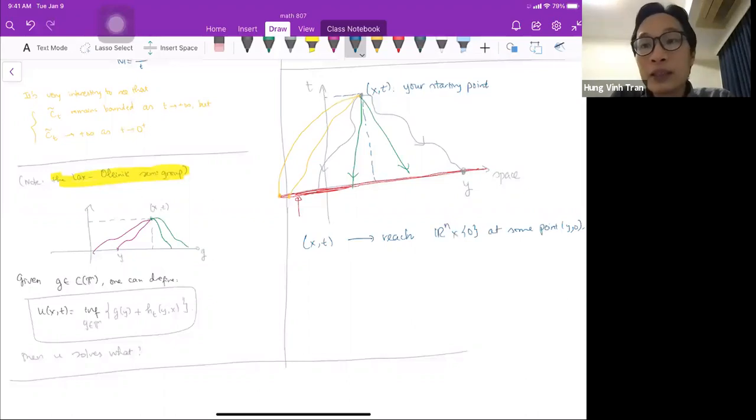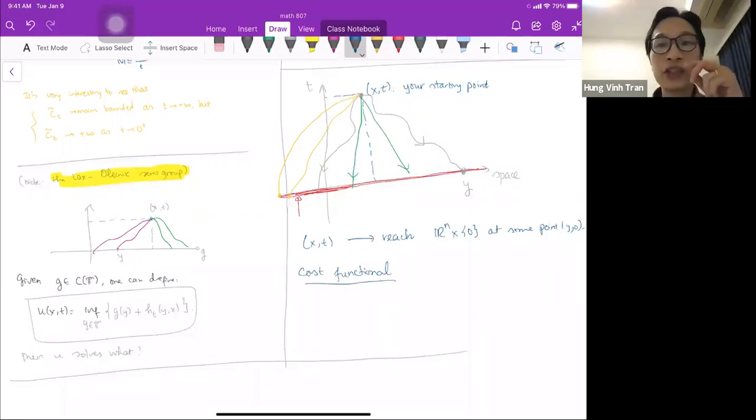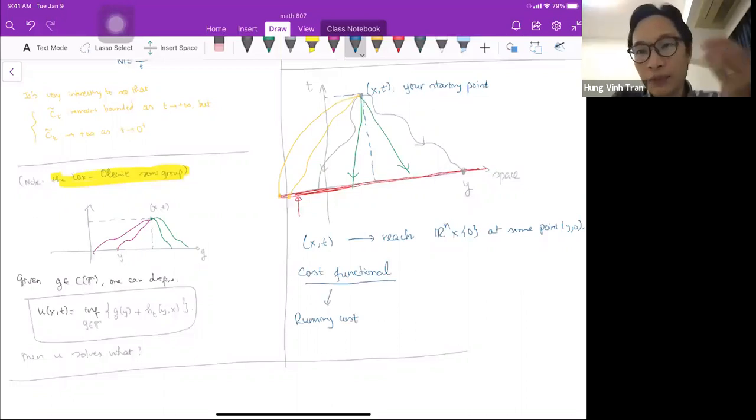Okay. And as always, in optimization problems, we often have to minimize certain cost functionals. In this case, what is the cost functional? What's going to be your cost? The cost is going to be two things. The first thing is the running cost. It tells us that if we go around, we have to pay a certain price for the gasoline, or whatever price we have to pay.